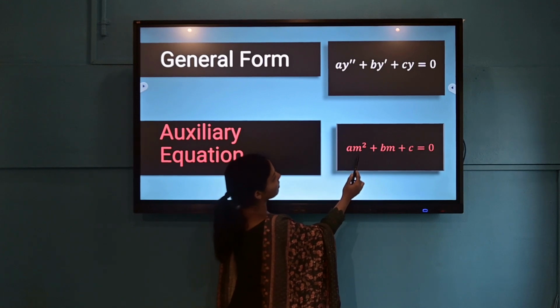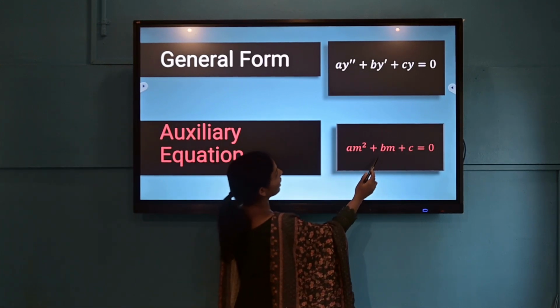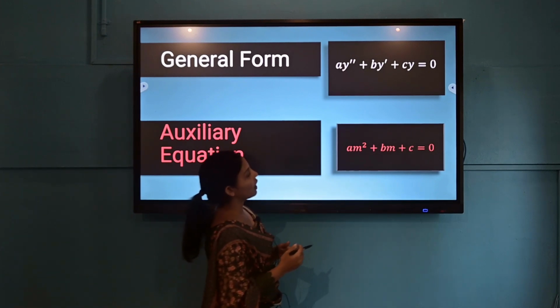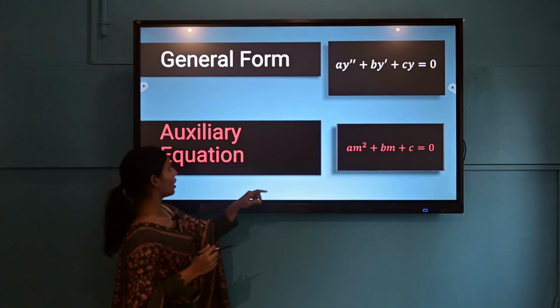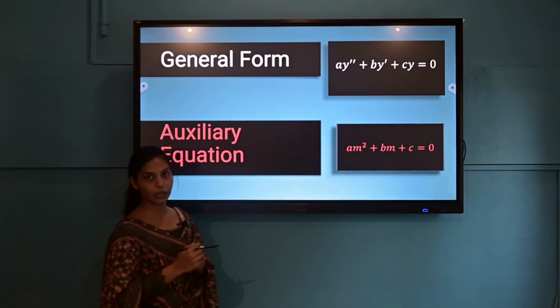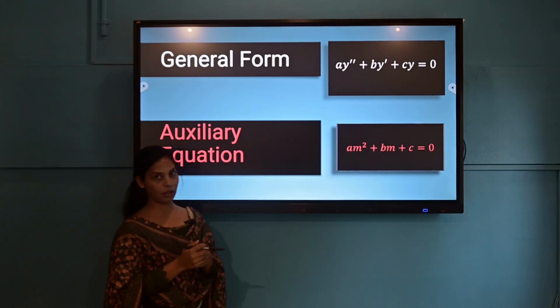The coefficient of m square will be the coefficient of y double dash, the coefficient of m is the coefficient of y dash, and the constant term is the coefficient of y. So this is the auxiliary equation corresponding to the general form of a second order linear differential equation with constant coefficient.